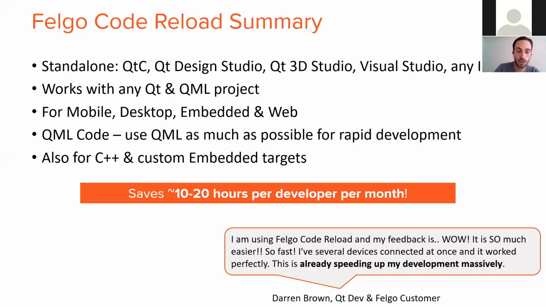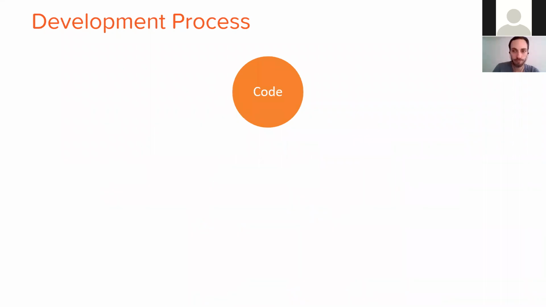Yeah, this is a very simple trick and modification that you can use right away for your Qt projects. Let's now move on to another key point in the development process, which is writing code.